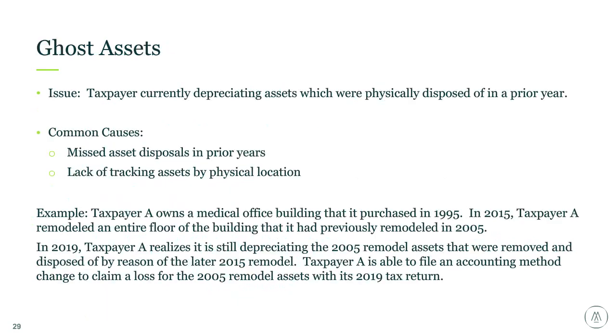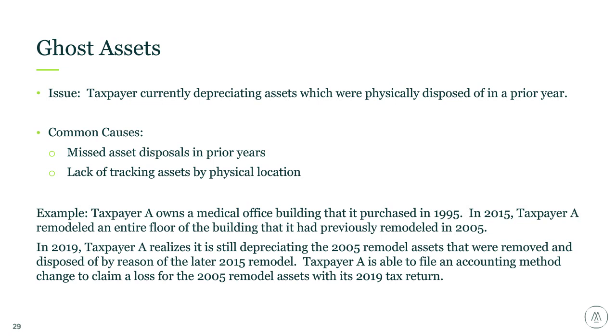Another issue that we commonly encounter is late disposals. We casually refer to it as ghost assets, but it's essentially where we have the cost of an asset still being depreciated, where the asset was physically removed or disposed of in a prior year. This is really prevalent for companies operating out of multiple physical locations where their assets are tracked by the physical location.